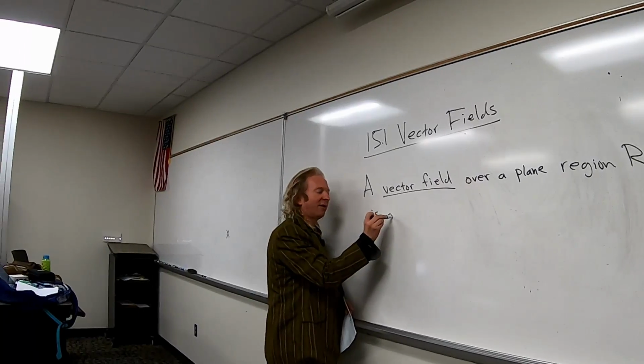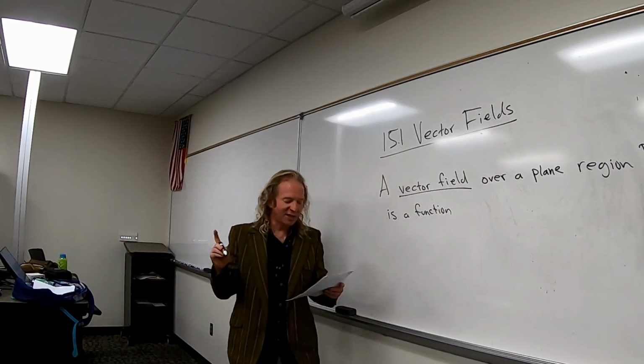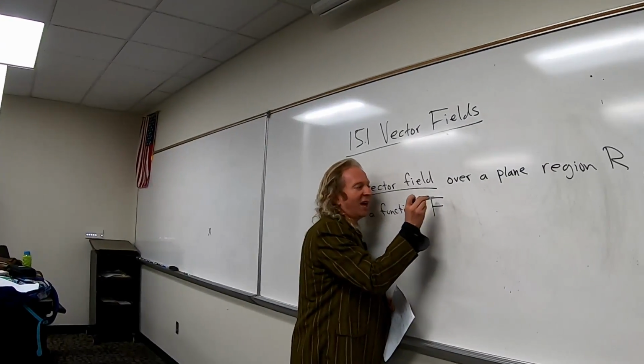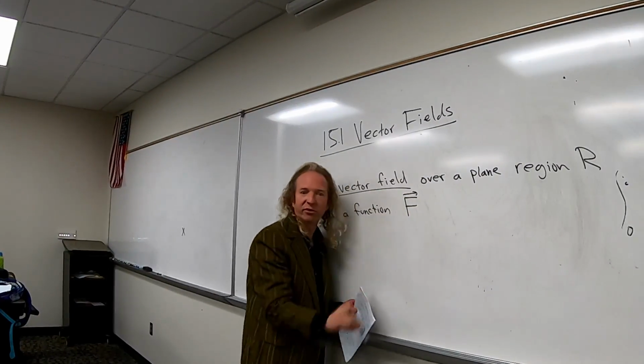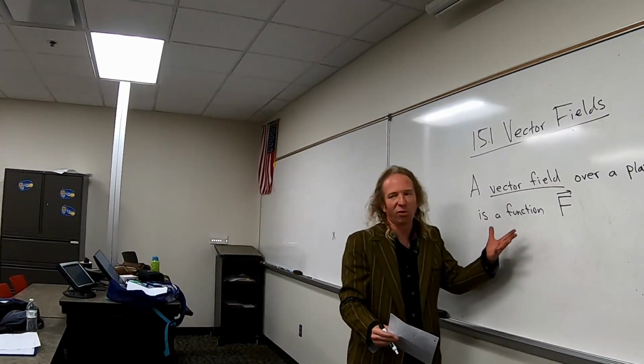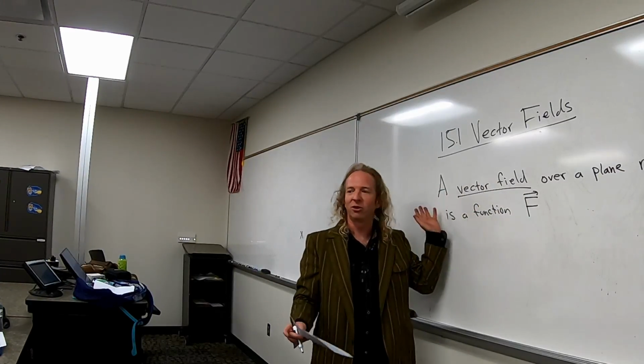A function F. I'm going to call it big F, and I'm going to put a vector symbol over it. You don't have to put the vector symbol over it; you can do bold or a vector symbol. I forgot the arrow, don't worry about it.